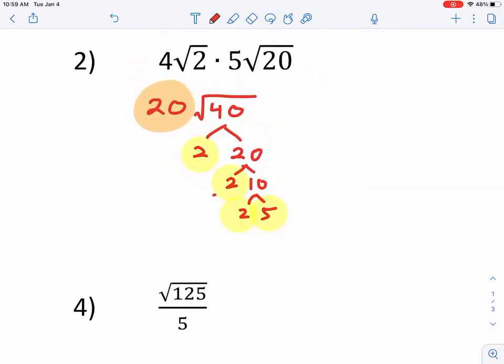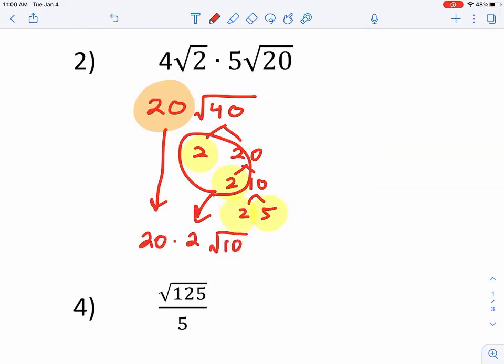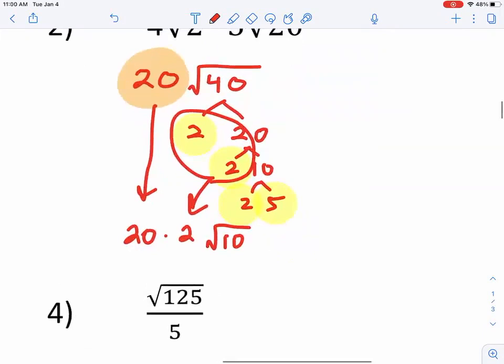So I'll pair them up. That 2 is going to be a 2 on the outside. I have that 20 that I'm going to bring down. And then I have the 2 and the 5 left over, so don't forget you have to multiply those. And so then our final answer will be 40 square root of 10.